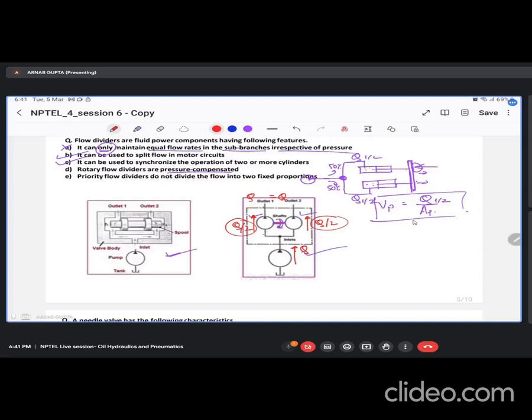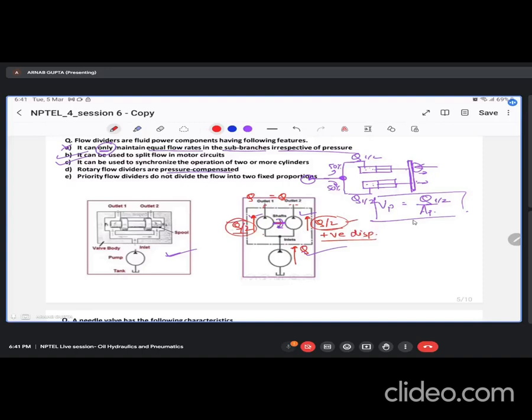It will positively send out this much fluid. So we can't say that this is pressure compensated, because we are not using the pressure differential across these two points to compensate this flow. It is due to the nature of the pump: a positive displacement pump will positively displace this much liquid.